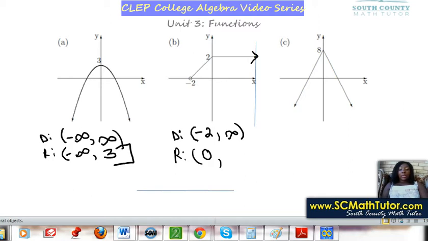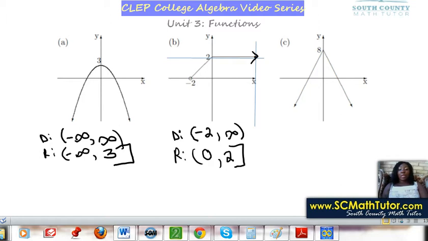Now we keep going up the graph, and on the y you are hitting positive 2 and there is no hole right there. Therefore it ends at 2 and the 2 is included, so you use a bracket.